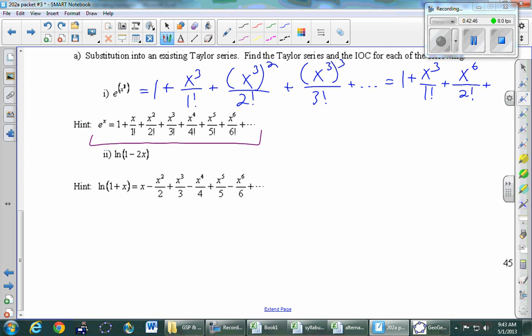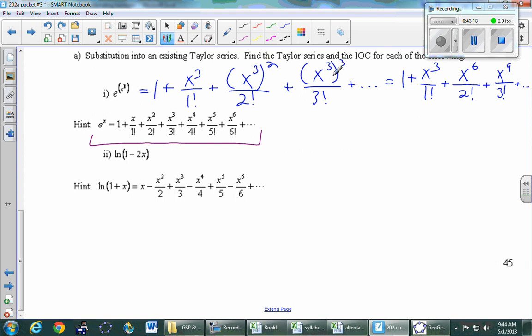And then x cubed cubed, x to the 9 over 3 factorial, etc. Okay, you don't need to start from scratch if you are trying to find a series that is the same as a series you've already got, but a different thing for x. This essentially allows us to do composition. We're now composing the e to the x function, which we know, with the x cubed function. And it's as easy as just plugging in x cubed for all those x's.